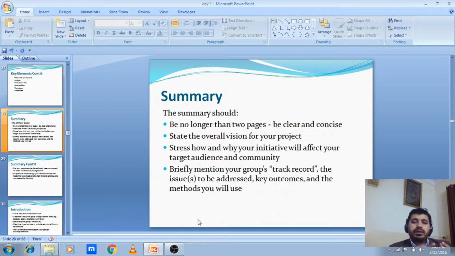Stress how and where your initiative will affect your target audience and community. Briefly mention your group's track record, the past projects if you have done any, the issues that were addressed, the key outcomes, and the methods you will use.